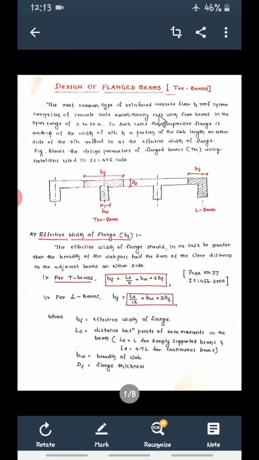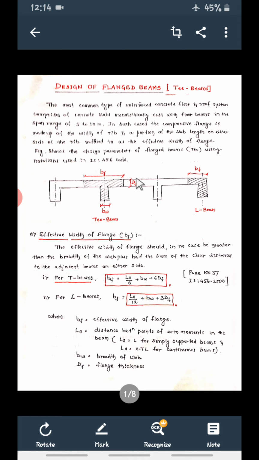T beams are beams in which slab and beam, see, this is the slab and this is the beam, are cast simultaneously. They act as a single unit. While casting, the concrete is poured simultaneously in the slab as well as in the beam. Such beams are known as flanged beams or T beams.